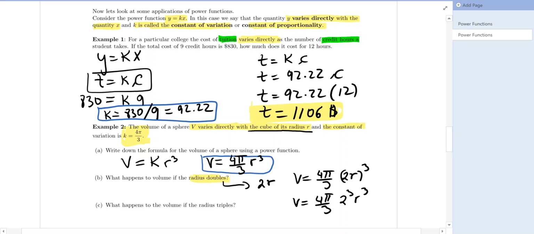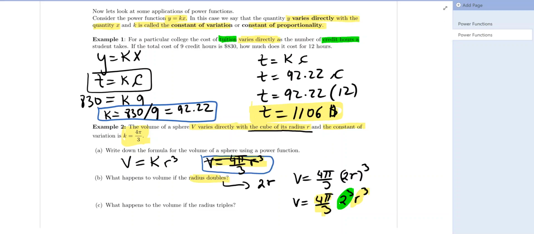If you look at this beginning one and this one, you notice that the only difference is this 2 to the third, which is 8.